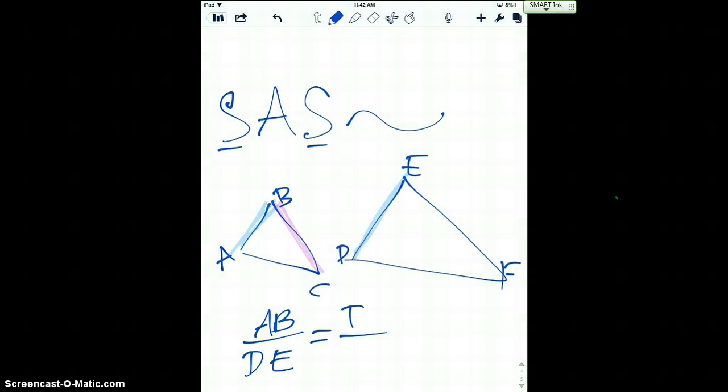So BC relates with EF. And we are able to form a proportion. They are proportional to each other. And the included angle, so which angle am I going to show here? It's going to be the one that's formed by those two sets of proportional sides. Okay? So there's another way to see that two triangles would be similar.